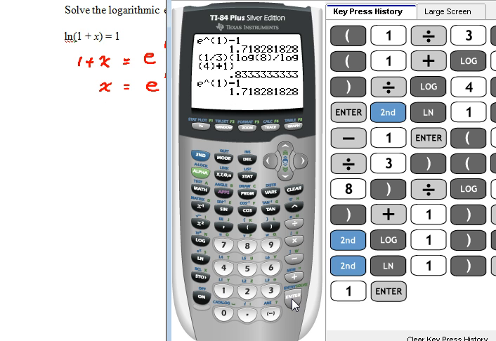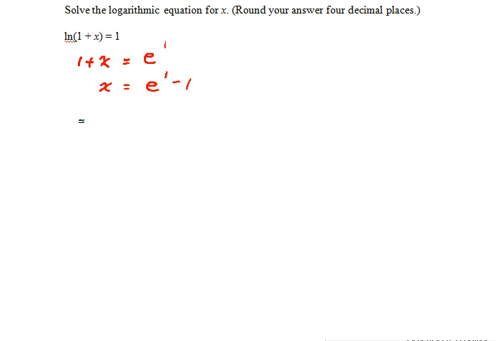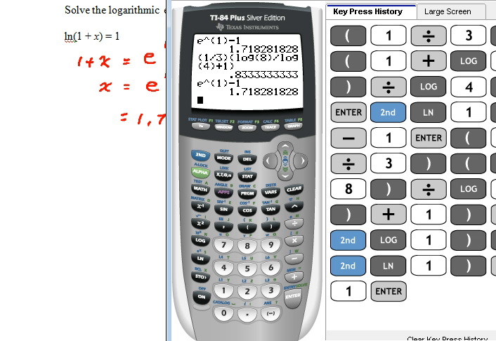Enter. So we're getting 1.718 3. We're asked to do it to 4 decimal places, so the last digit is going to be a 3.